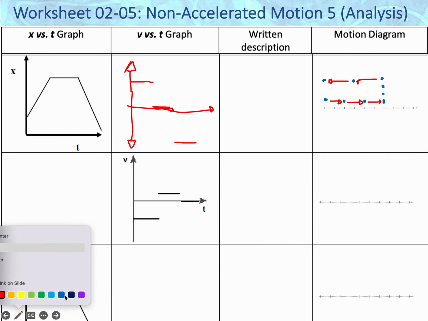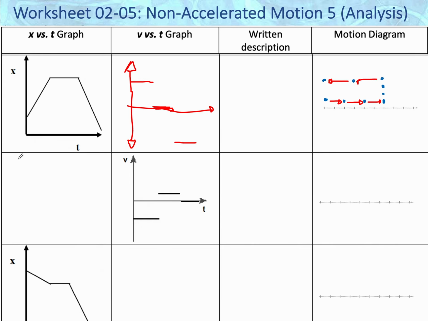So down here in the next one, we have a velocity versus time, and we have to figure out position versus time. It starts out with a very large negative velocity. And it doesn't matter where you start these, but in this case, what's going to happen?